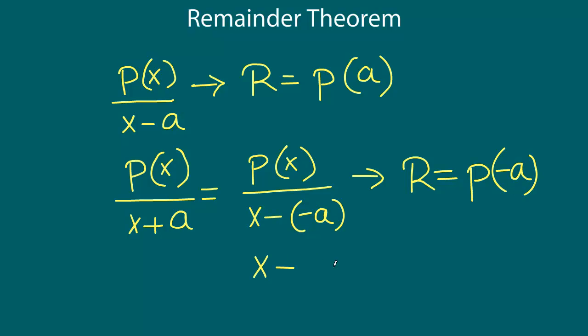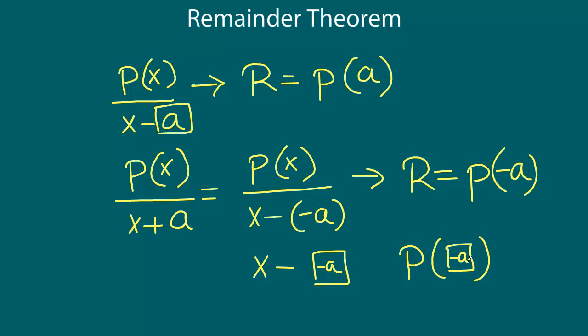Because if we have it in this form, then all we have to do is find out the value of the polynomial at this value. So typically, in this case, this is a. And if it were plus, we can write it in this fashion. So in this case, this is actually minus a. So if we are given a question where the divisor is of the form x plus a, we simply find out the remainder by finding the value of the polynomial, p of minus a.